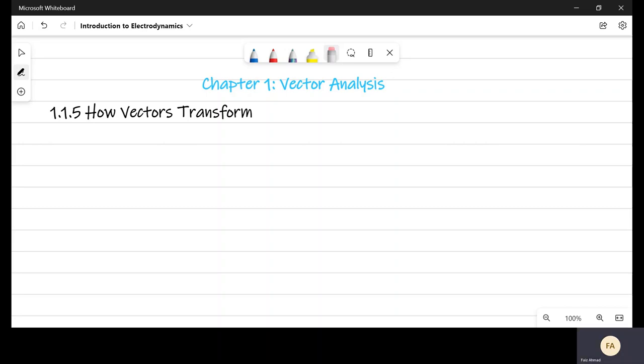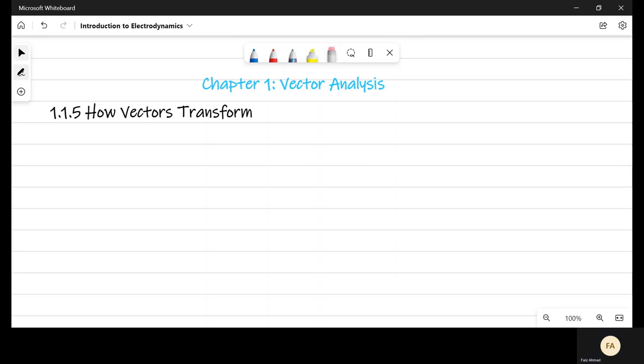We define a vector with the magnitude and direction, but this definition of the vector is a bit incomplete. Let's say we have a situation or a hypothesis.